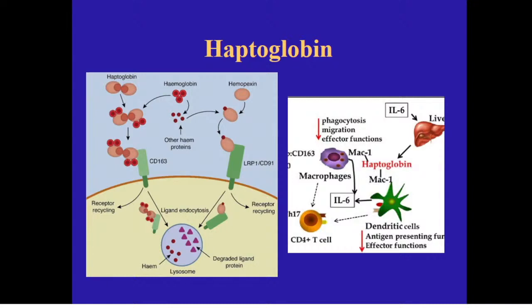The haptoglobin will prevent loss of heme and iron. Haptoglobin can interact with hemoglobin coming from the hemolyzed erythrocytes in the lumen of blood vessels.